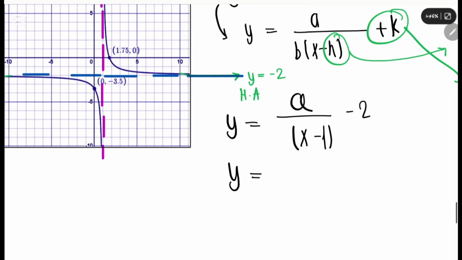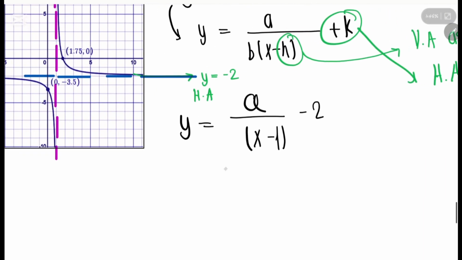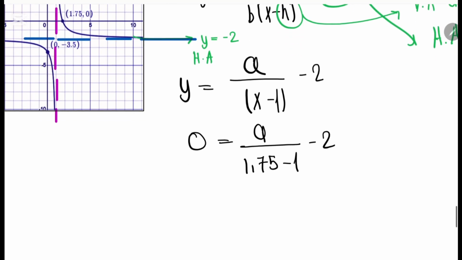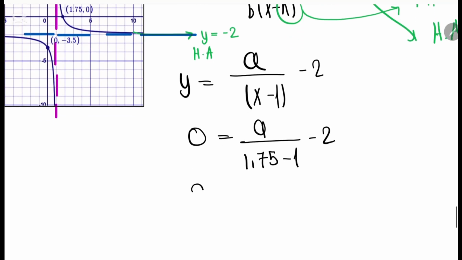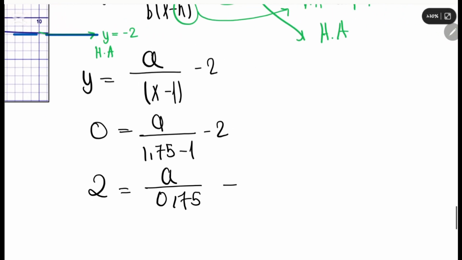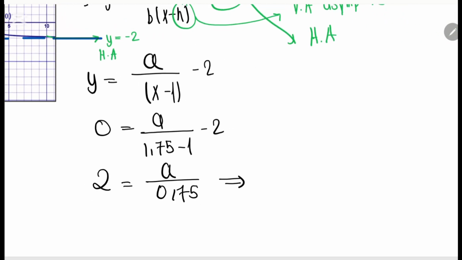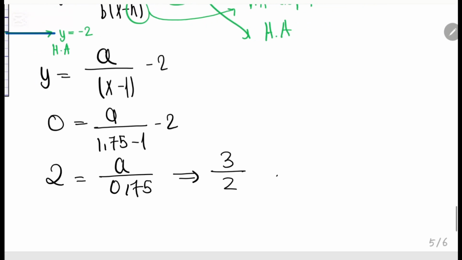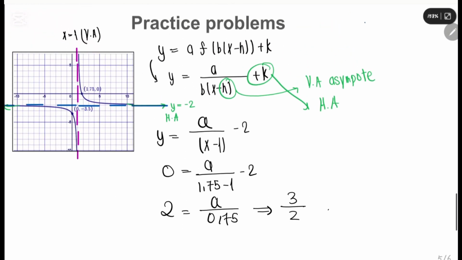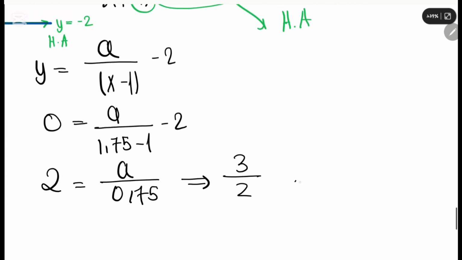Let's pick a clean point. It gives you the point there, so I'm going to choose 1.75 and 0. Okay. So 2 over here, so 0.75, which is 3 over 2. Okay. So that's going to be your a value.